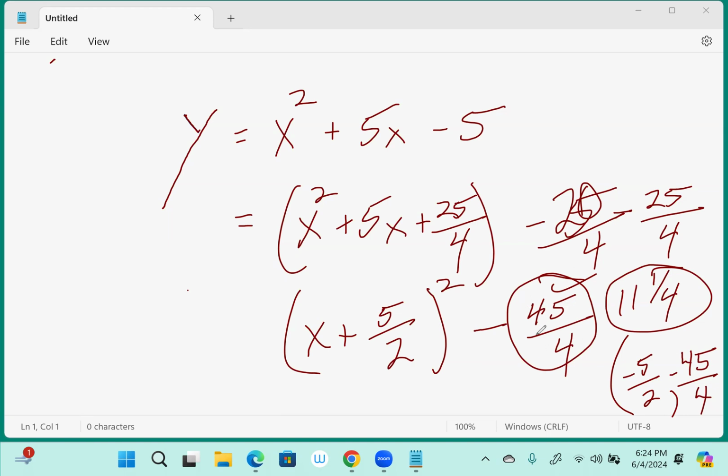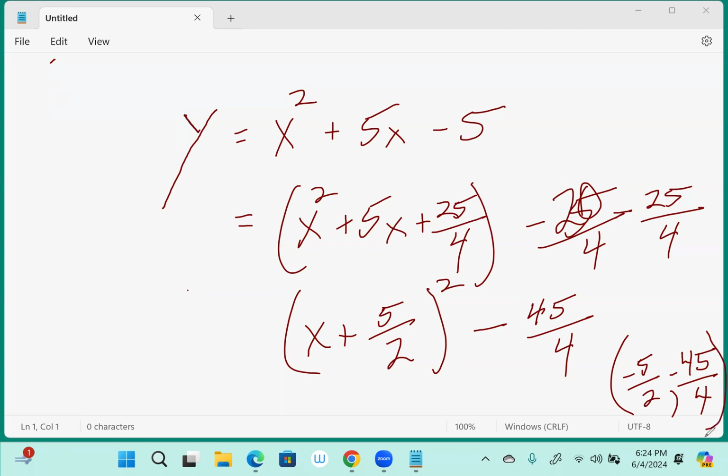If you have to feed that answer into something else where you're multiplying by another fraction, it's much easier to work with this ratio as opposed to a proper fraction. Mixed numbers are difficult for the next step, whatever might be called for. So I much prefer minus 45/4 to 11 1/4. It's personal. You can do it either way, whatever you're more comfortable with.